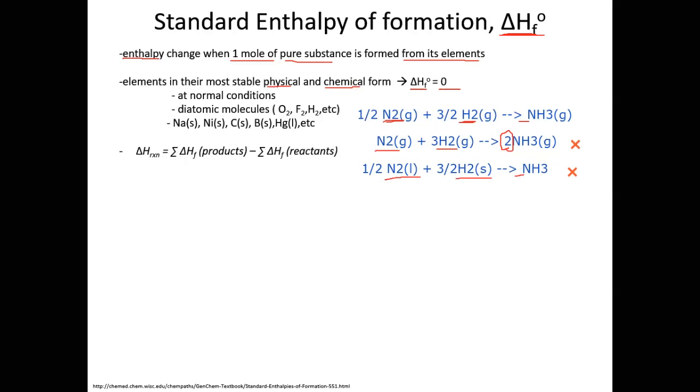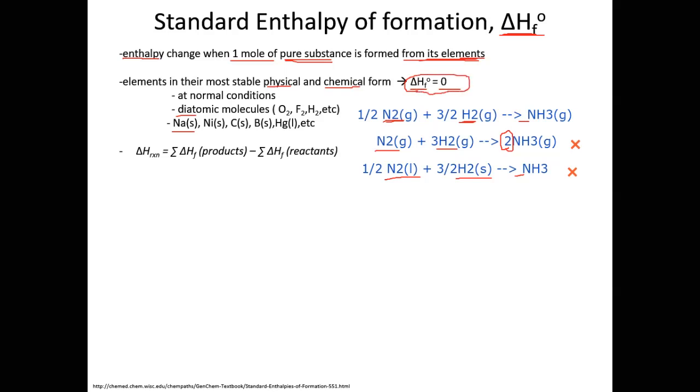So again, for heat of formation equations, you need to form 1 mole of product from its elements in the most stable form. And the reason is because elements in their most stable form, this includes diatomic elements and regular elements, have a heat of formation of 0.